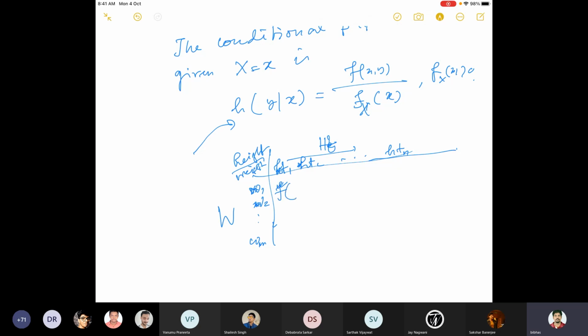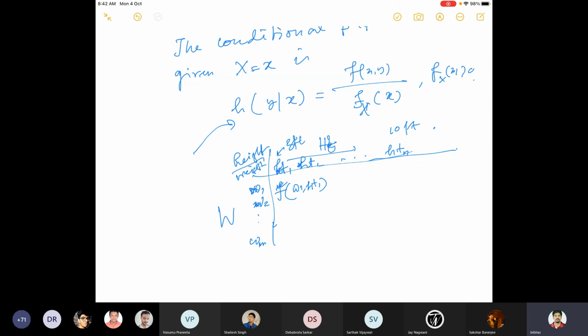I know these values. F of W1, HT1 means, let's say the heights are starting from 3 feet to 3.5, 4, 4.5, and so on up to, let's say, 10 feet.